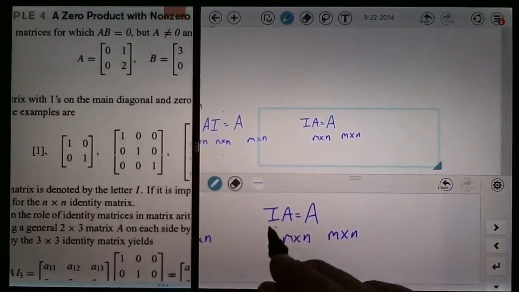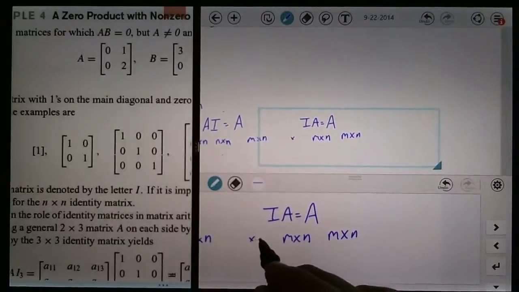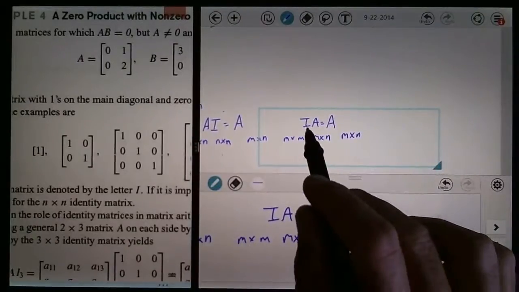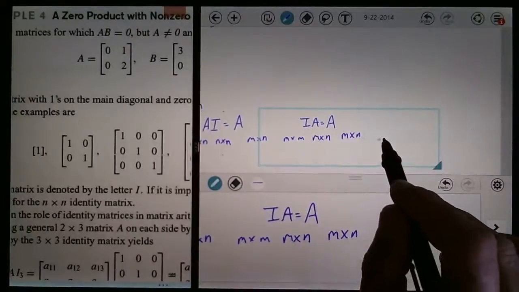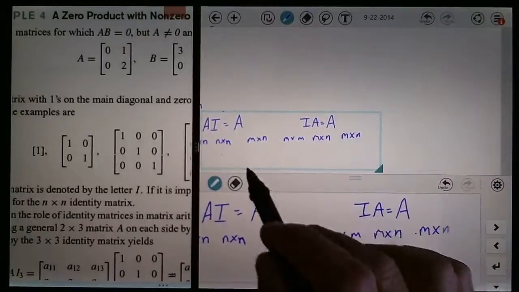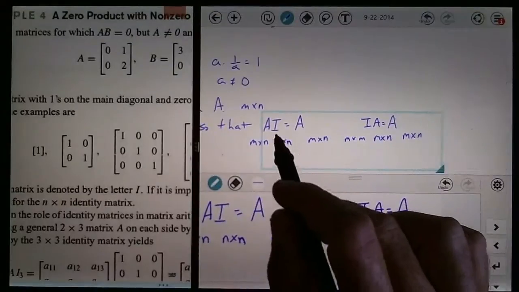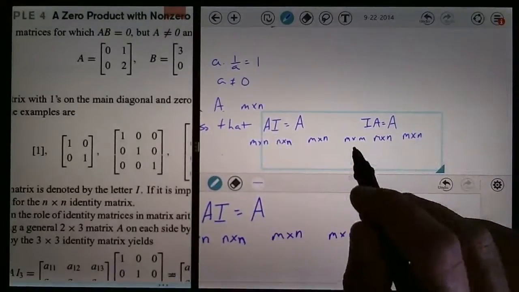Then I has to be something by m, because those numbers have to be the same. And this tells me what it has to be. It has to be m by m. So either way, whether it's going to be multiplied on the left-hand side or multiplied on the right-hand side, like this one over here, the identity matrix turns out has to be square.